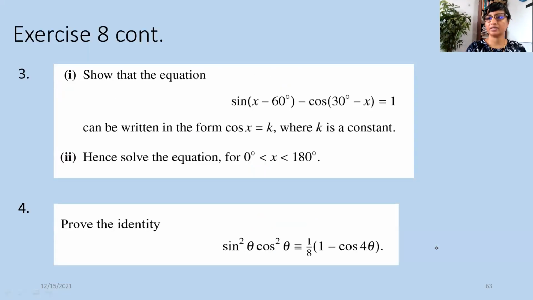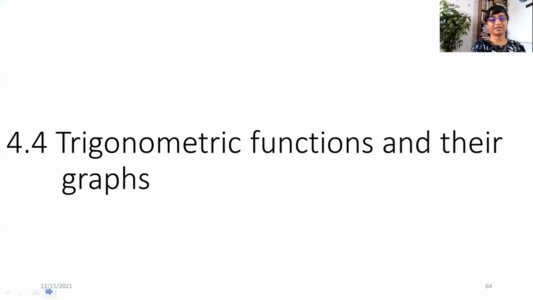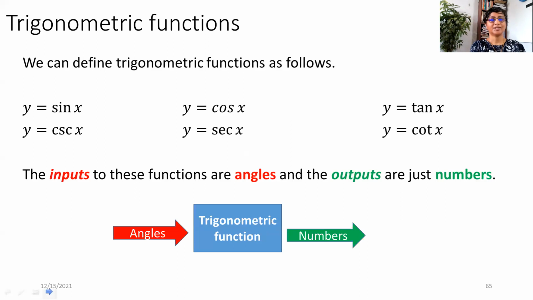They're not very hard. Shall we then look at trigonometric functions and their graphs? Right. Now, sine, cos, tan, cosec, sec, and cot. You have seen these 6 trigonometric, what do we call them? Trigonometric what?